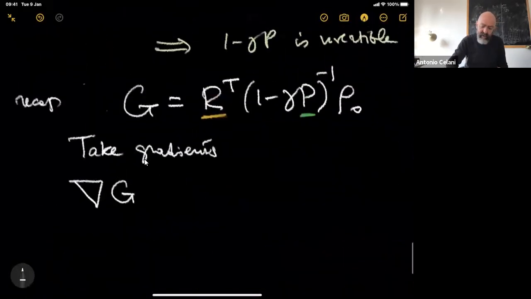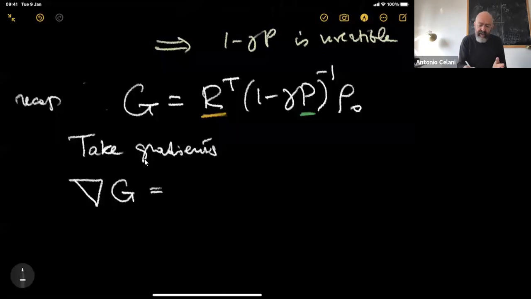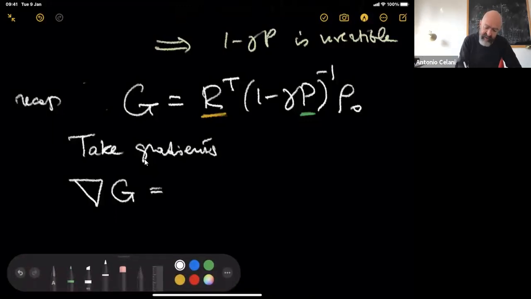Fine. So we have to take derivatives of the right-hand side with respect to the policy, but these things that I highlighted in orange and in green depend on pi. So let's take the derivative and treat these matrices just like functions of real numbers. First, I take the derivative with respect to this.